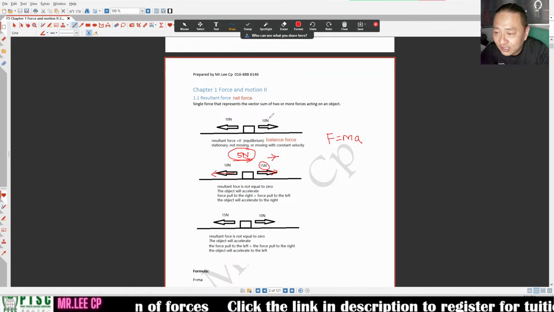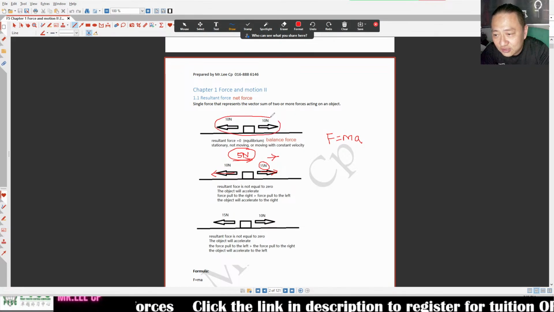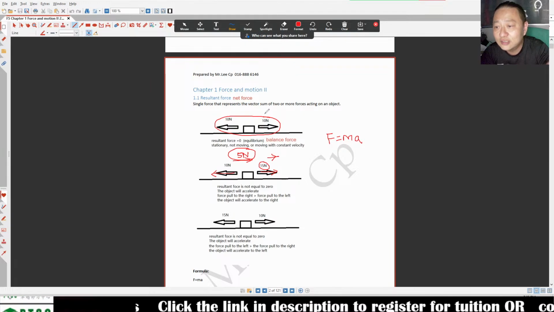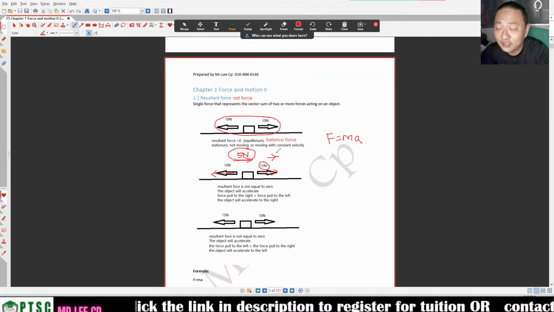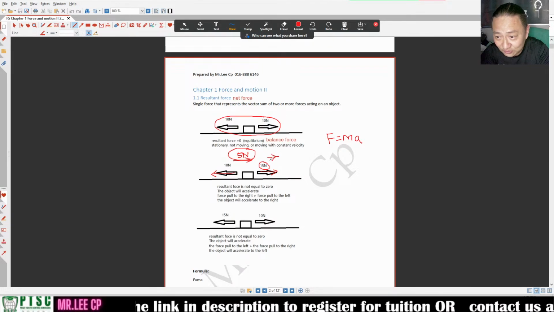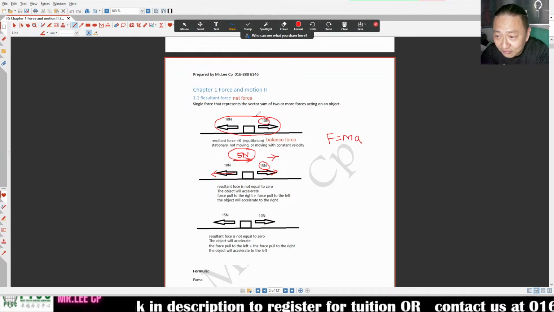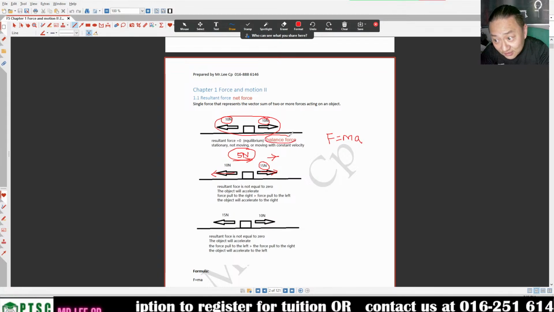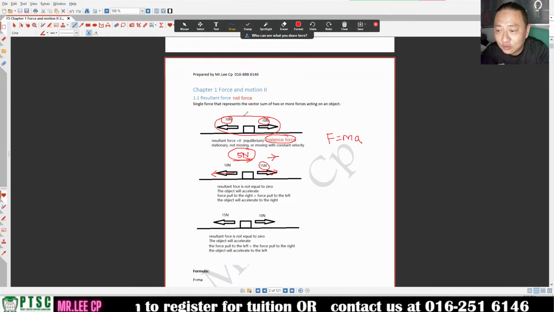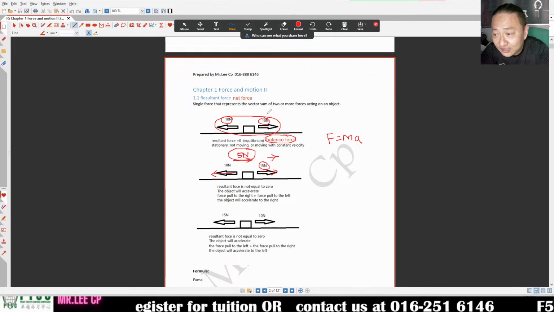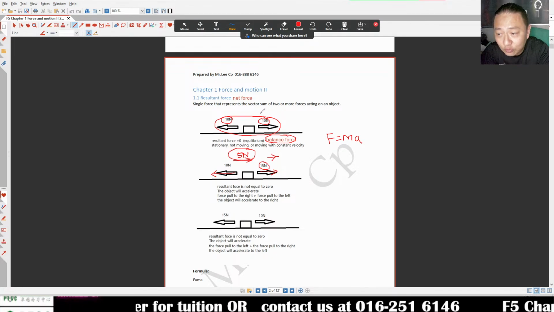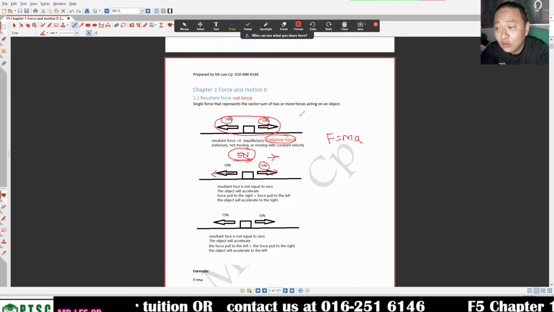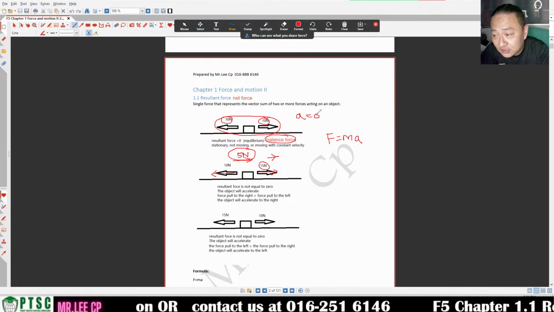And then if we don't have the resultant force, then we're going to have a balanced force, or we call this equilibrium. So this object will be either not moving or it will move with constant velocity, where the acceleration here will be 0, right?